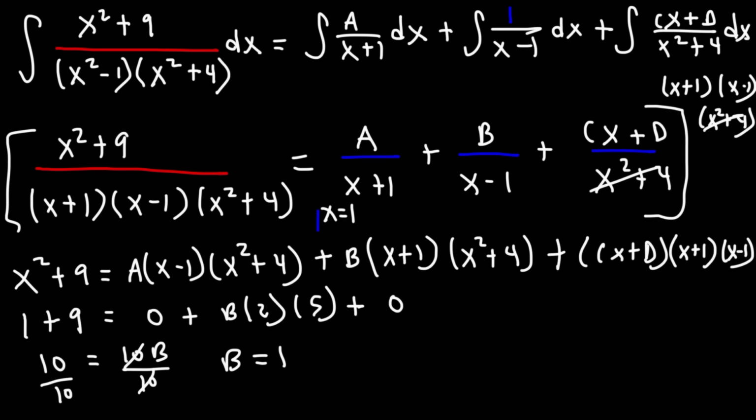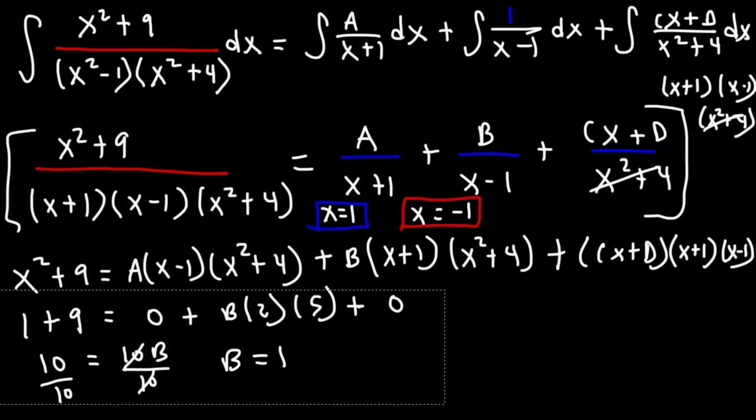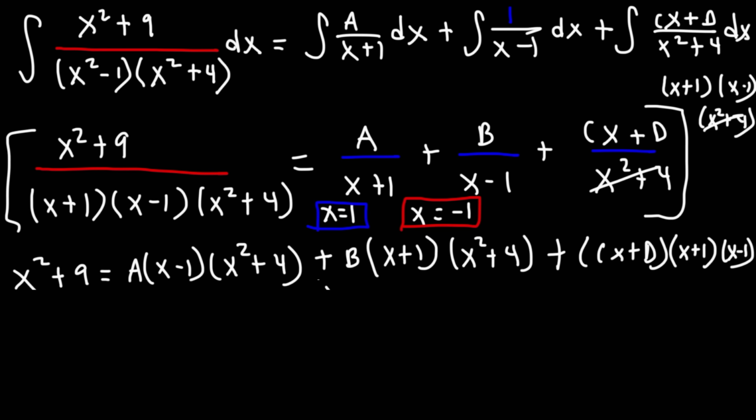So now that we used x equals 1, let's try plugging in x equals negative 1. Negative 1 squared is still 1. So we're going to have 1 plus 9, which is 10 on the left side.